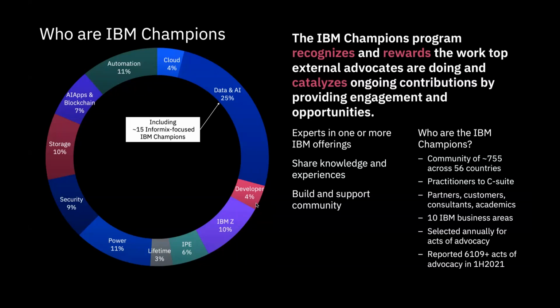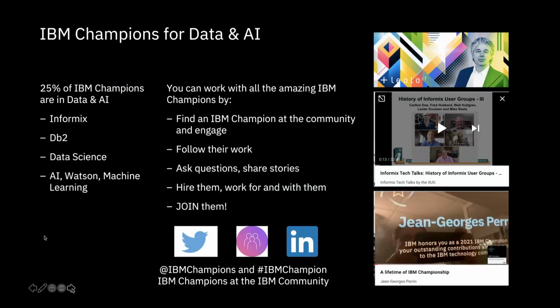We are amazed at all the contributions our Champions make. So far, just this year, these 750 Champions have reported more than 6,000 acts of advocacy, contributions to the community. And one of the things that I recommend in connecting with these IBM Champions is to find out about the kinds of things that they're doing.